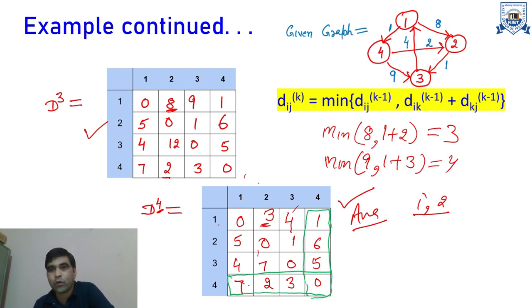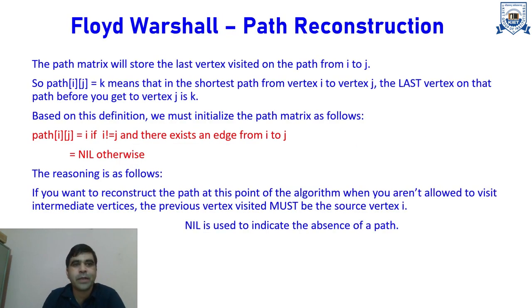Now let's see what the Floyd Warshall algorithm gives. You have to go from vertex 1 to 2. See this, this is vertex 1 and this is vertex 2, and the answer in this particular case is 3. So this is the all pair shortest path matrix given by the Floyd Warshall algorithm. In this algorithm we can have the path matrix also.